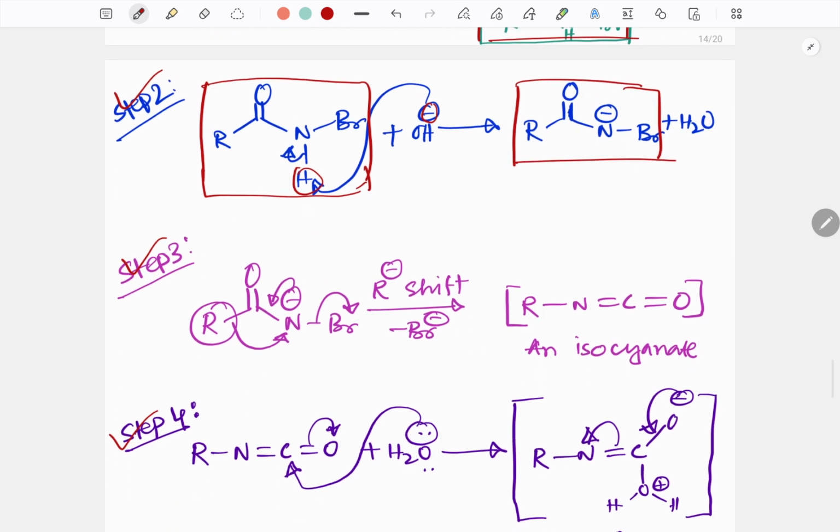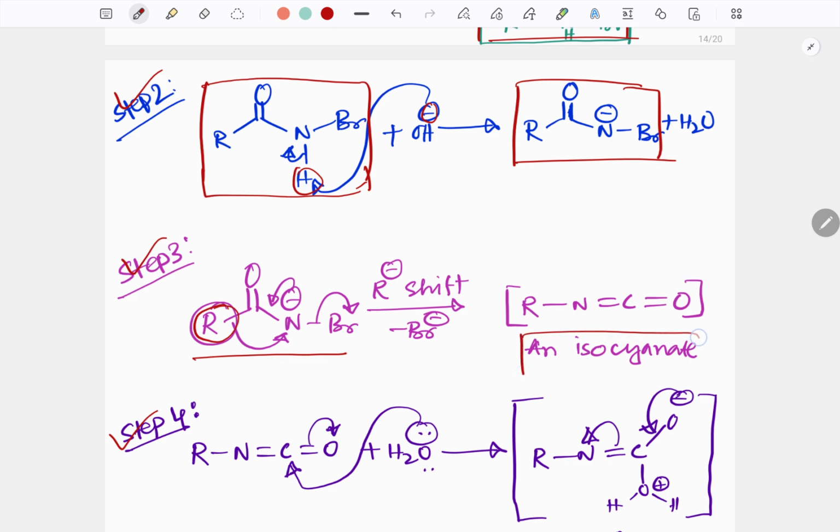Now coming to step 3. What is step 3? This is the N-bromoamide anion, which undergoes migration of the alkyl group. That alkyl group migrates from here to the nitrogen center, and it loses the bromine simultaneously to give the isocyanate intermediate.